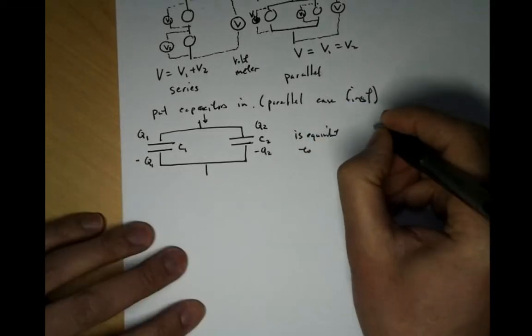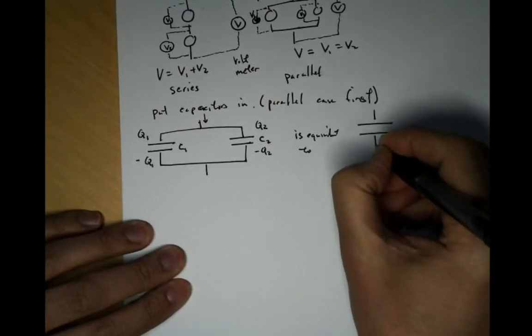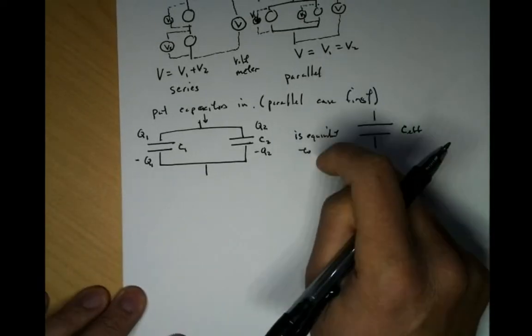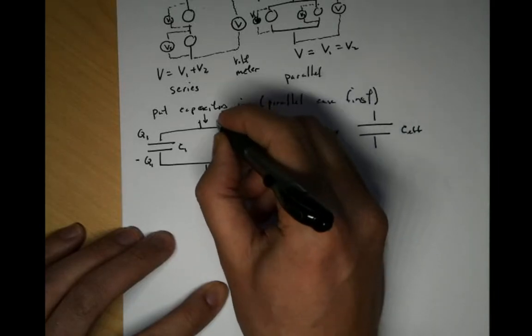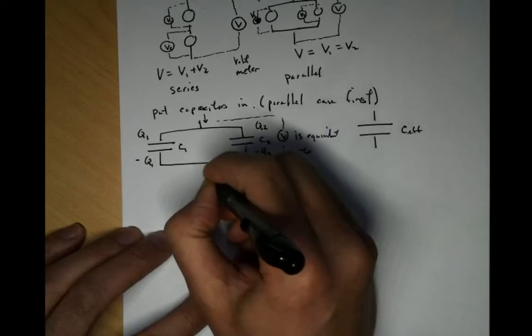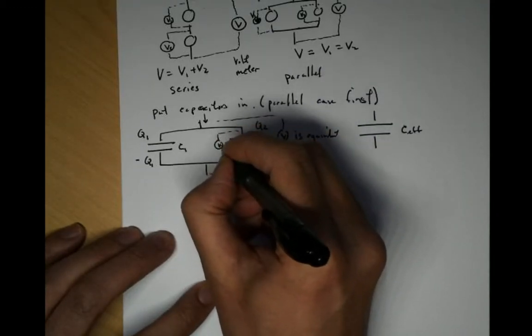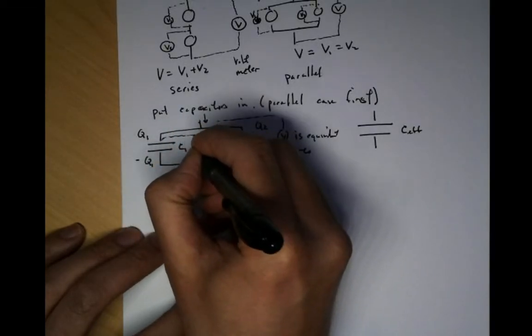Now, this will be equivalent to a capacitor which has some C effective, which I do not know yet. If I wire some voltmeter across this entire thing, of course, you realize that if I do this same thing, this is V2, V1.